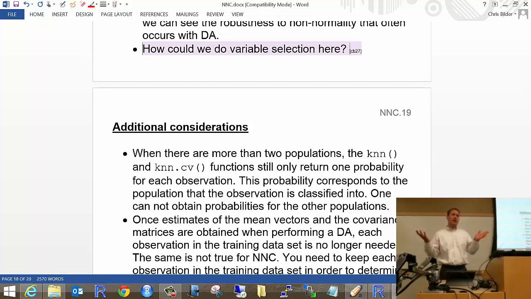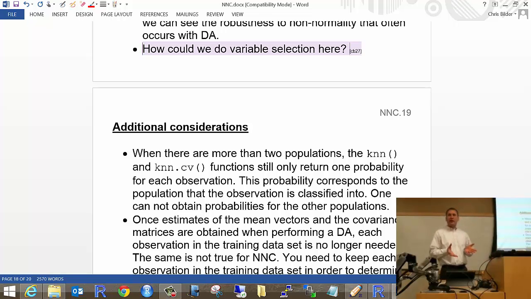I guess ideally the best way would be to look at all possible models, all possible combinations of variables that one could form, get the correct classification rates from all of those, and then choose the set that gives you the best overall classification rate.